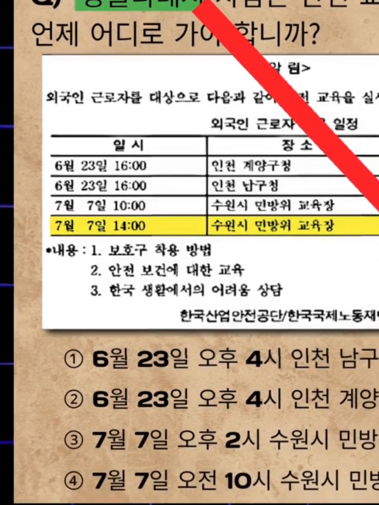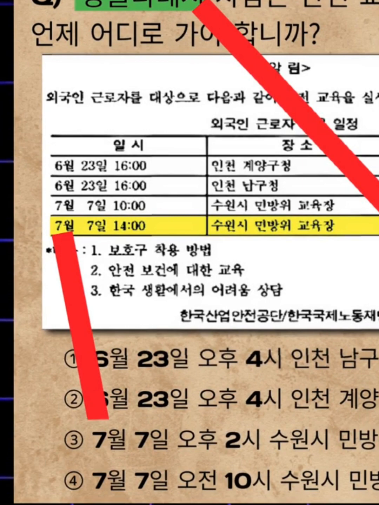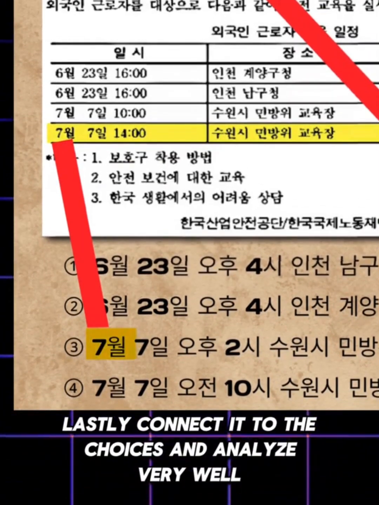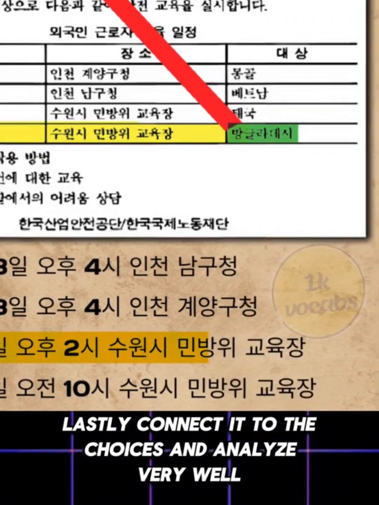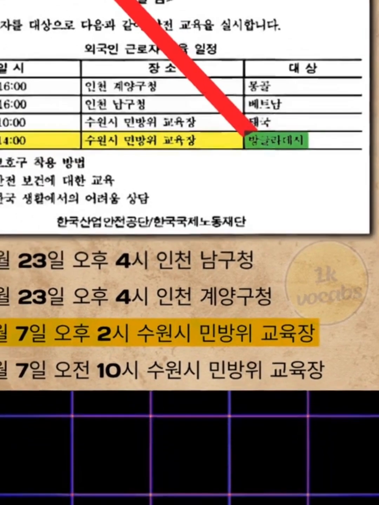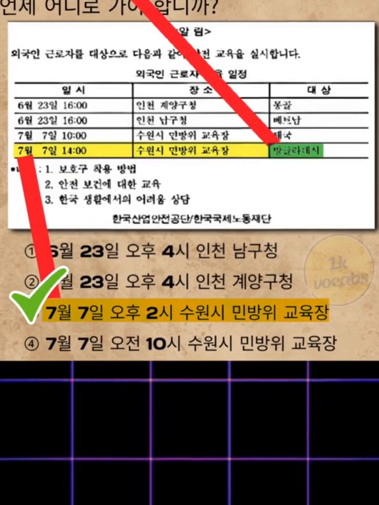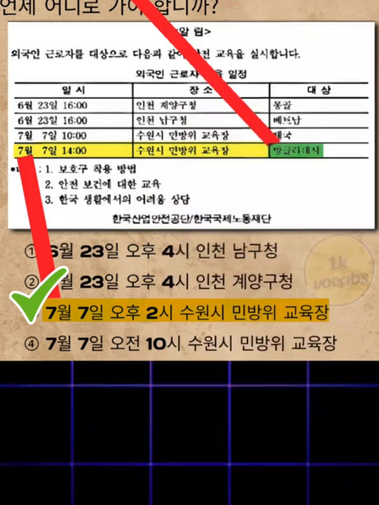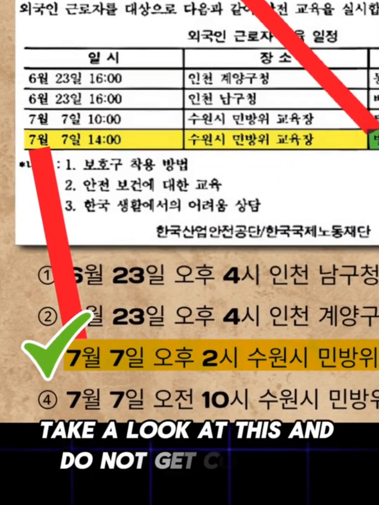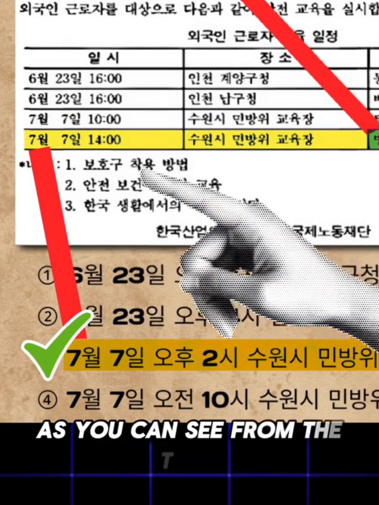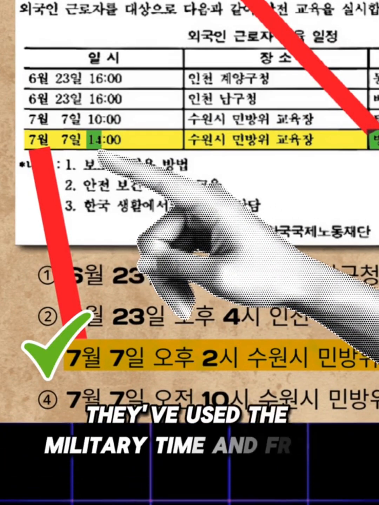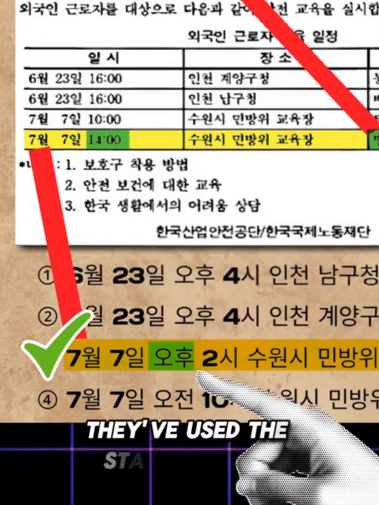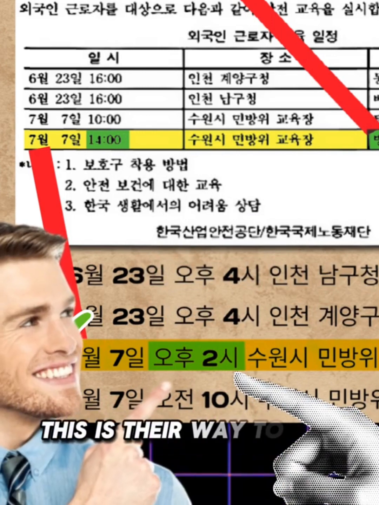Lastly, connect it to the choices and analyze very well. Now you might ask why number 3. Take a look at this and do not get confused. As you can see from the table, they've used the military time, and from the choices they've used the standard time. This is their way to confuse you.